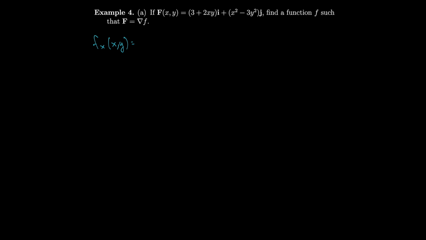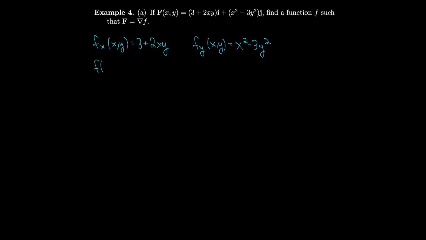So that's 3 plus 2xy. And there must be some function with a partial derivative with respect to y that is equal to this component, x squared minus 3y squared. We don't know what that function is, but it must be something that has partial derivatives to satisfy these criteria. So how about I kind of do a partial integration? I'll go backwards from this.